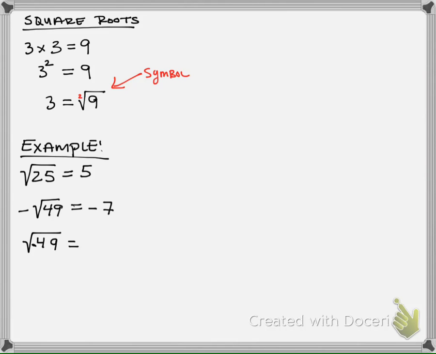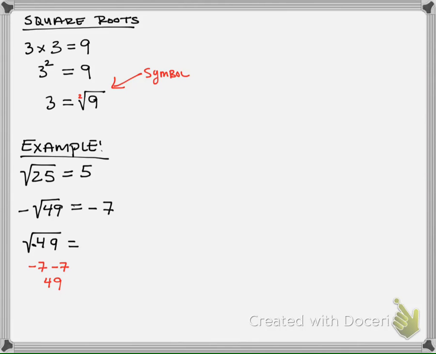And we know that whenever we square a negative number, a negative 7, for instance, times a negative 7 gives us a positive 49.